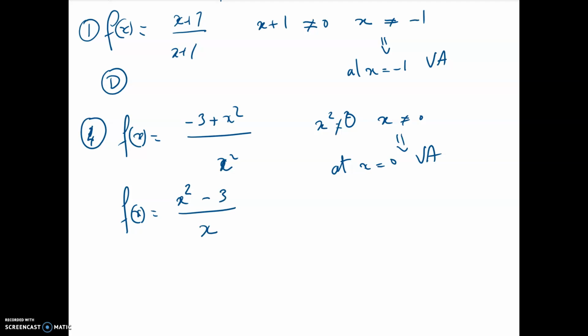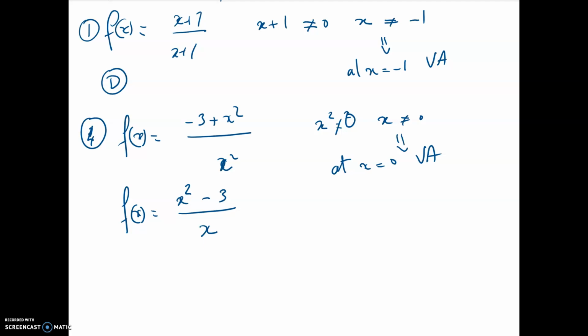Why do I do that? Because when I study the division of two functions, I always say that if I want to divide my numerator by my denominator, I need to have decreasing exponents.